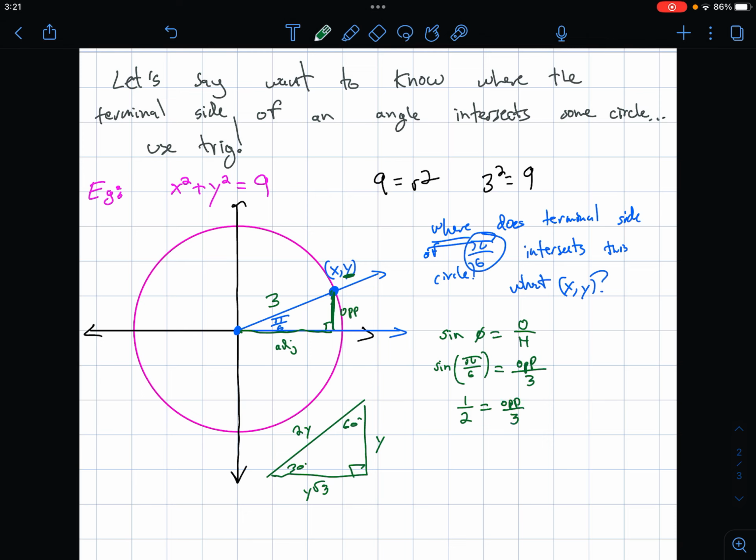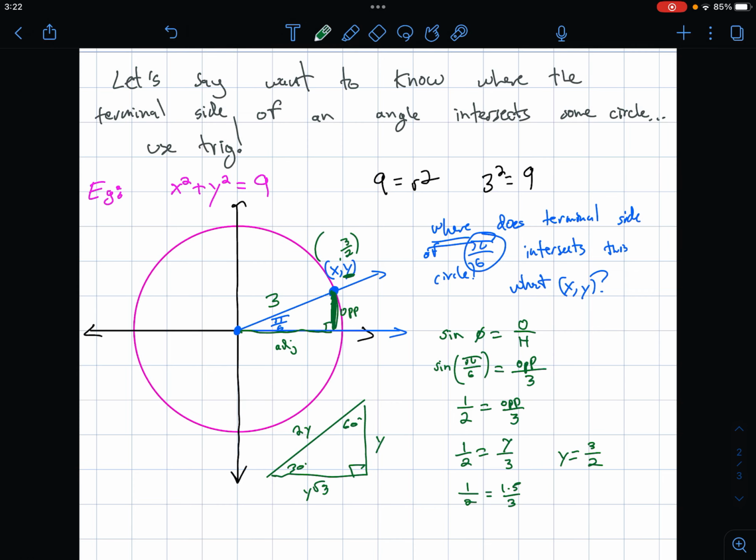But recall we said that the opposite is just literally going to be the y coordinate. So 1/2 is equal to y over 3. And we get y must be equal to 1.5. A half is 1.5 over 3, or I really prefer y is equal to 3 halves. So we found our y coordinate, 3 halves. And then we can use this to find the x coordinate. Take a moment to think, how would you go for the x coordinate?